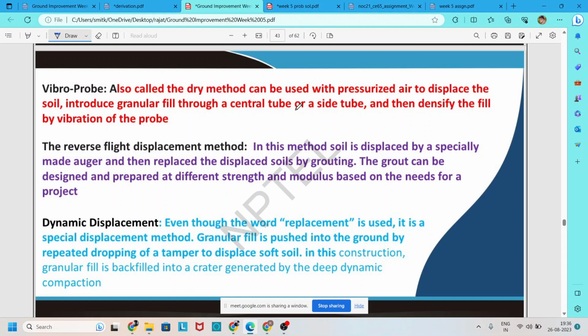Again, the tamper is used to compact the ground. First we compact that much ground by tamping and fill the material, then again compact and fill the material. Like that, we gradually go upward and a composite column is created.